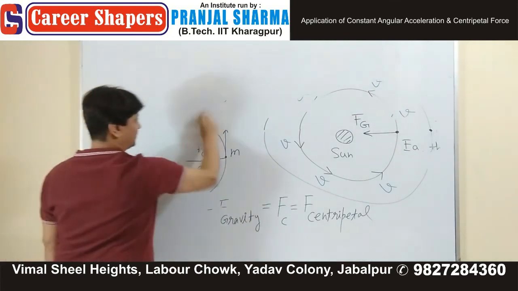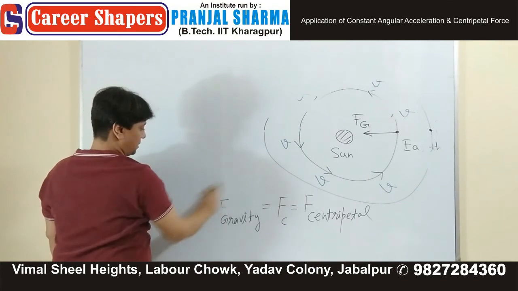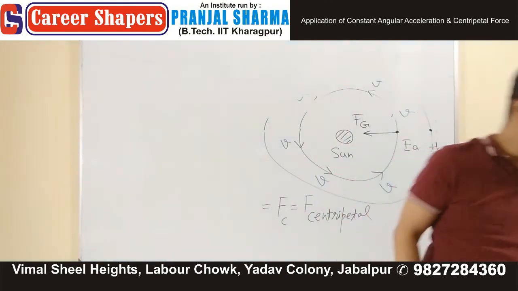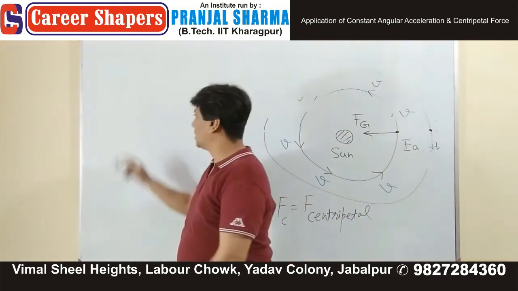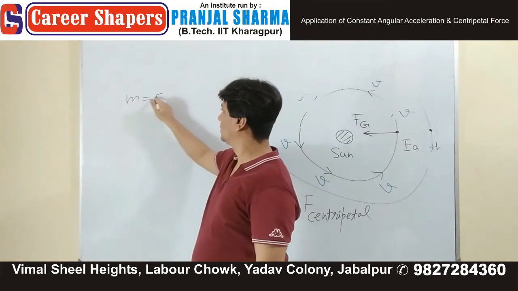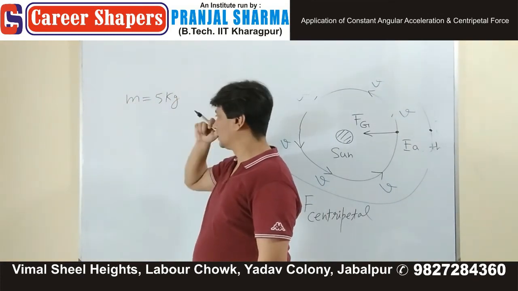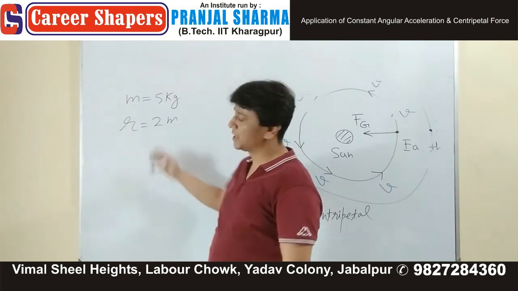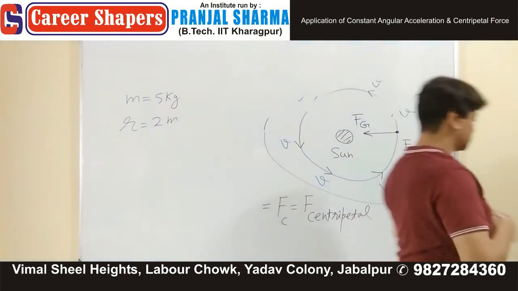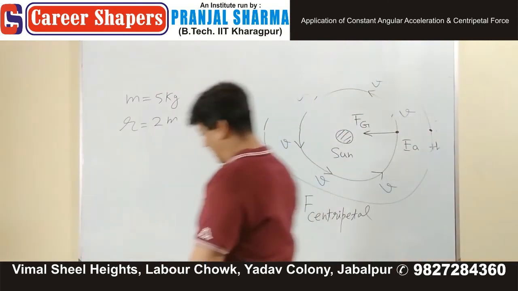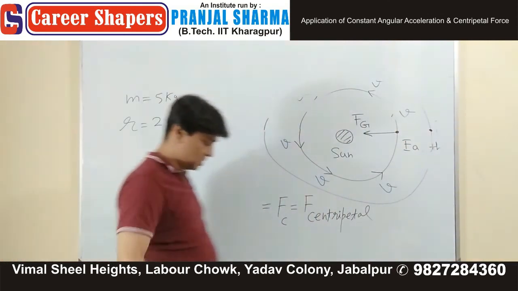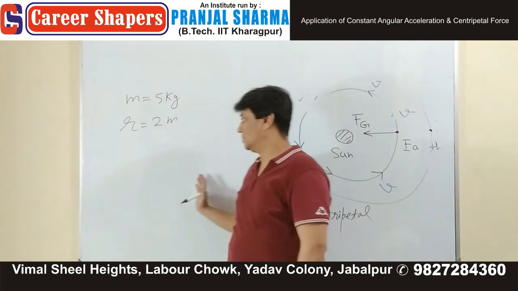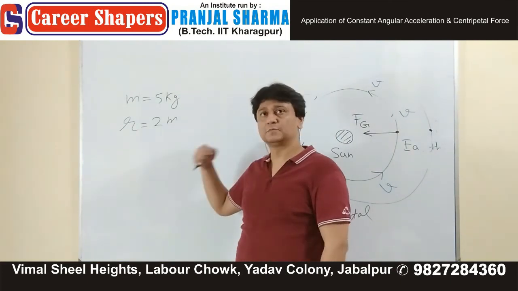An object of 5 kg is moving in a circle of radius 2 meters with the help of a rope on a frictionless horizontal table.